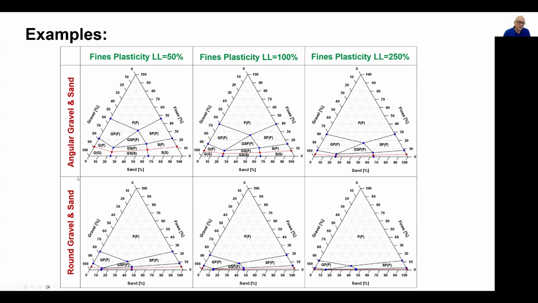Now also notice the effect of particle shape of the sand and gravel. As the sand and gravel becomes rounder, it has a huge effect on the region where fines control behavior. So we cannot disregard shape, and shape is intrinsically involved in Emax and Emin.